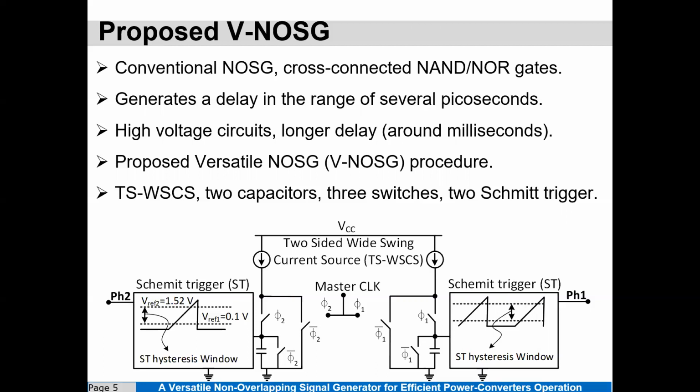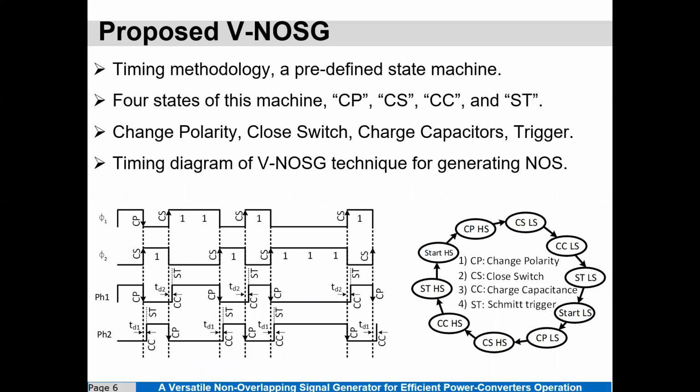In this circuit, the timing methodology is based on a predefined state machine shown in the right figure. The timing diagram of this technique for generating NOS is shown in the left figure.